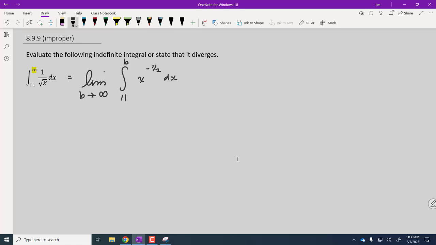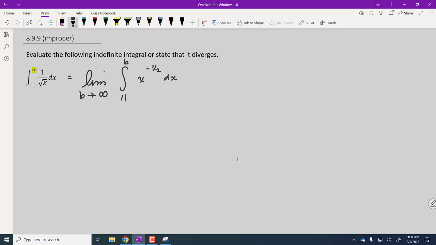And so are we finding a horizontal area or a vertical area here? Horizontal. We're starting at 11, so we're finding the area of this unbounded horizontal tail. And are we expecting convergence or divergence when the power on x is 1/2 in the denominator?